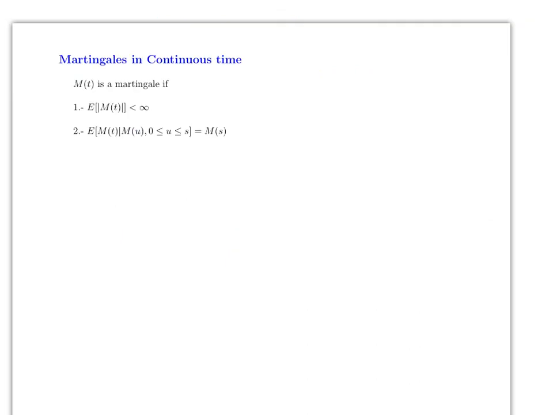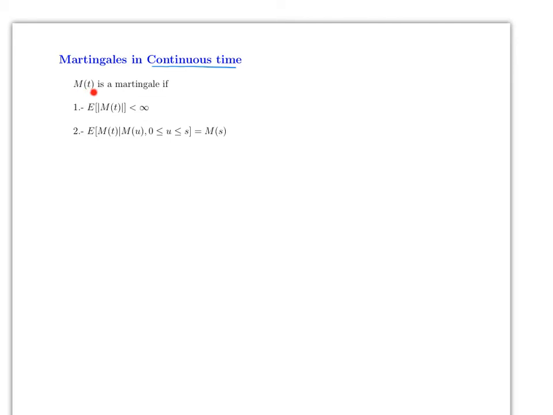Okay, now we're going to talk about martingales in continuous time. We did a lot of martingales in discrete time, and since you love them so much, we're going to do them again here. The definition is very similar, except that now we are in continuous time, but you still have to check 2 properties.